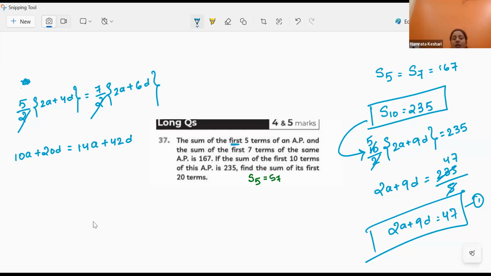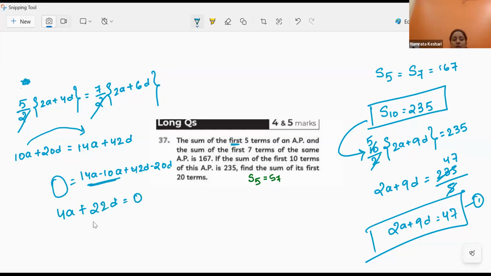We can take A together, D together. So I'm thinking about taking it to this side, because 14A minus 10A and 42D minus 20D, and they are 0. So what do we have? 4A plus (42 minus 20), 22D. That is 0, right? It seems like this is an easy question.